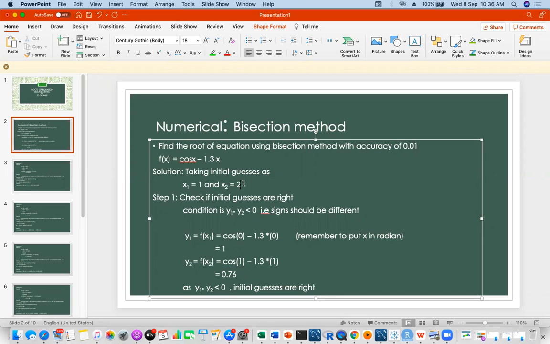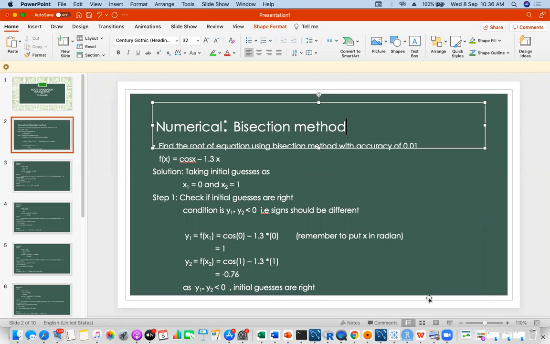Then again we will check y1 and y2, and we will keep calculating until we have different signs for y1 and y2. Understood? Yes, sir. So now in the first step itself, we got one positive, one negative. So our initial guesses are right.